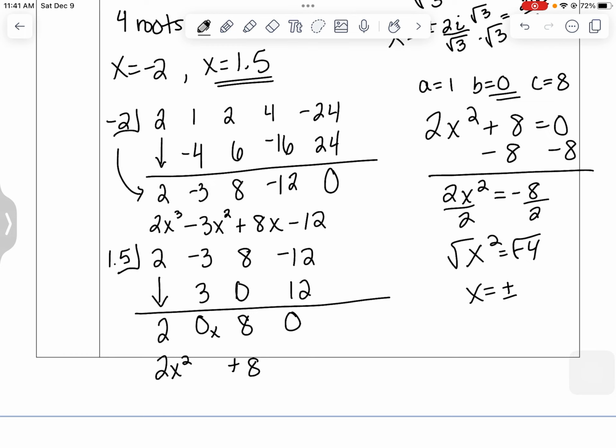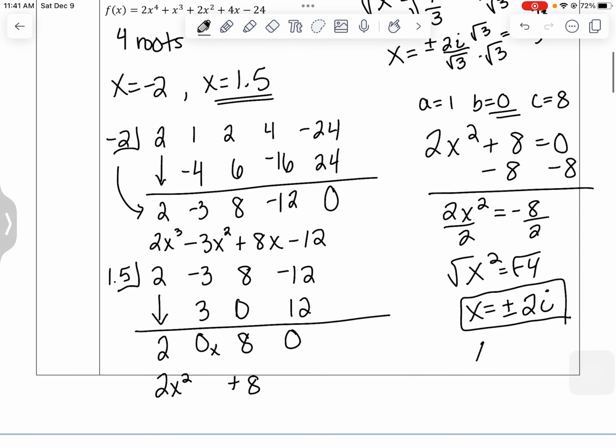You get 2 answers when you take the square root because there's 2 possibilities for x here that would make -4, and it would be 2i since it's the square root of -4. So those are 2 answers, and then we had -2, and then we had 1.5 as our other 2 answers.